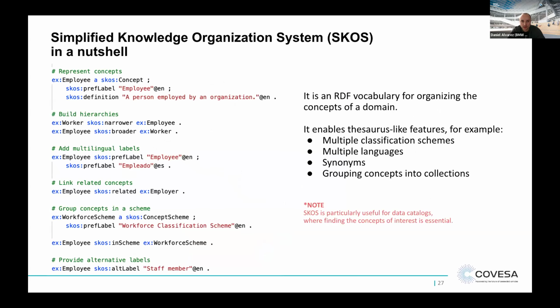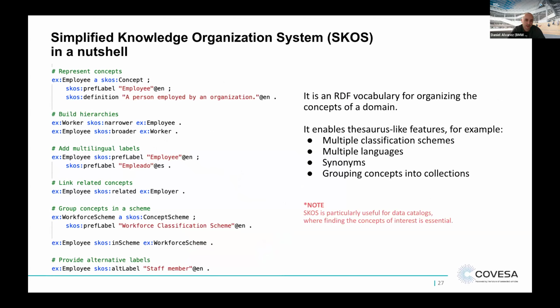Yes, so this is an example of how this looks in practice, targeting one of the vocabularies that is compatible with RDF. There are plenty of them, so we are just focusing these examples on SKOS. SKOS stands for Simplified Knowledge Organization System. This is a set of terms that lets you express aspects about concepts.